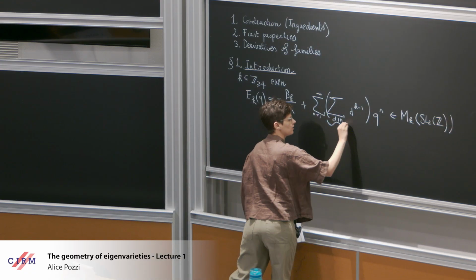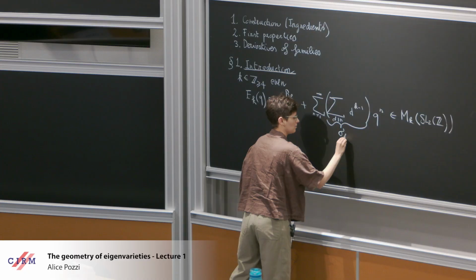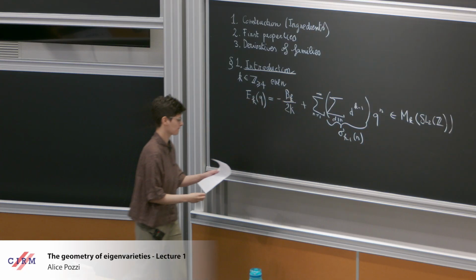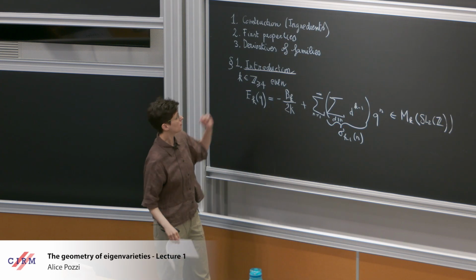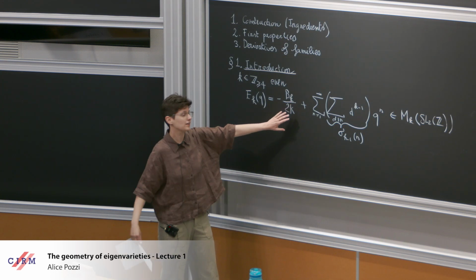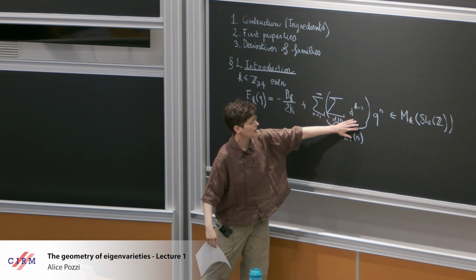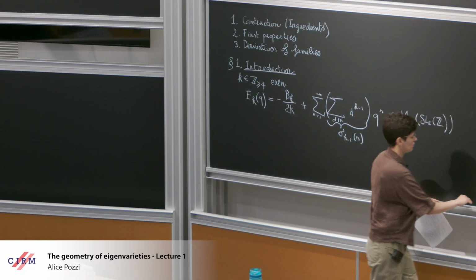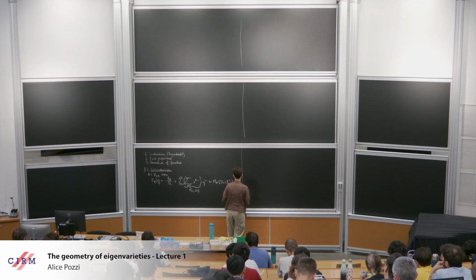This is often called sigma k minus 1 of n. Great. So we are going to now discuss the constant coefficient and the higher degree coefficients separately for a moment. So what can we say about both?